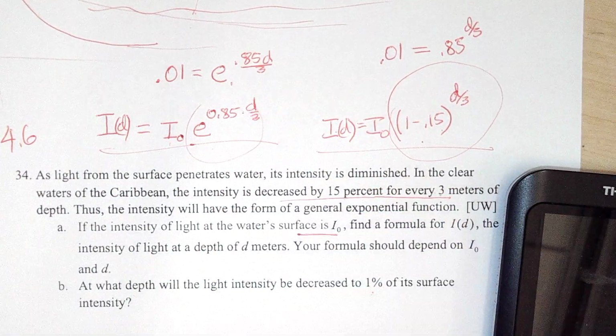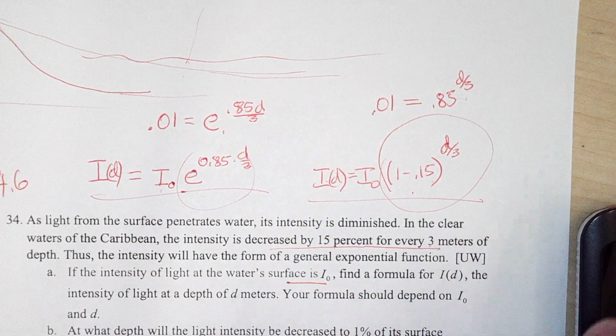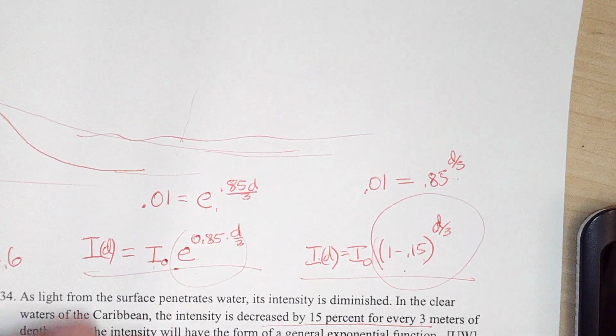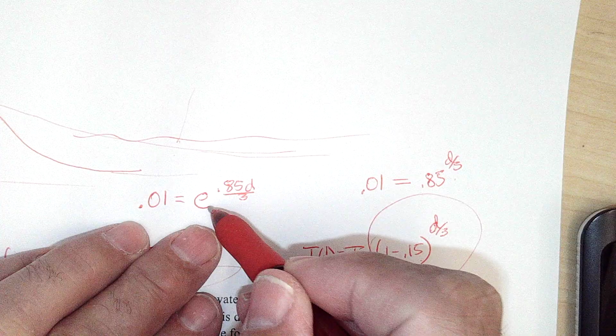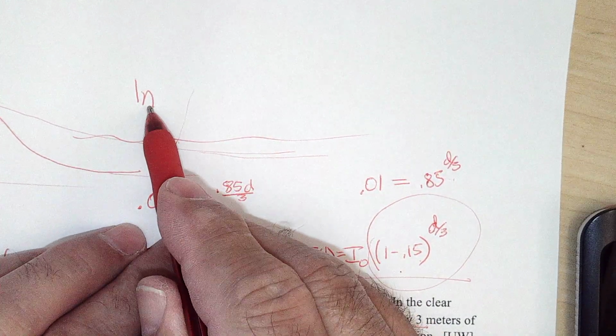To solve it, when we got a power like this, we're going to use rule number 1 to take it back to logs because we're trying to solve for a power. So going back to a log, the base is e, ln, log base e.